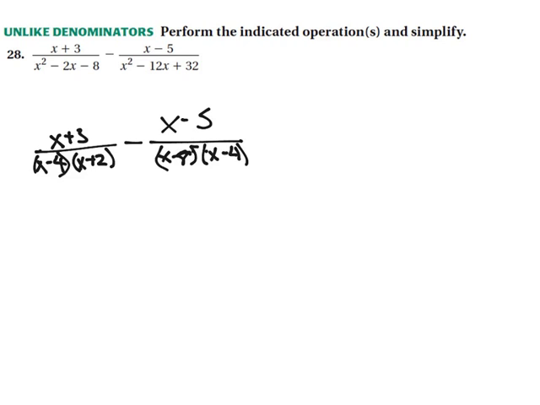So then my least common denominator, or my LCD in this case, is going to be x minus 4, x plus 2, x minus 8. Take the most.